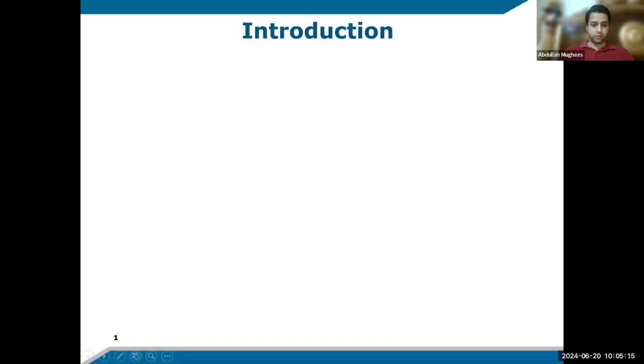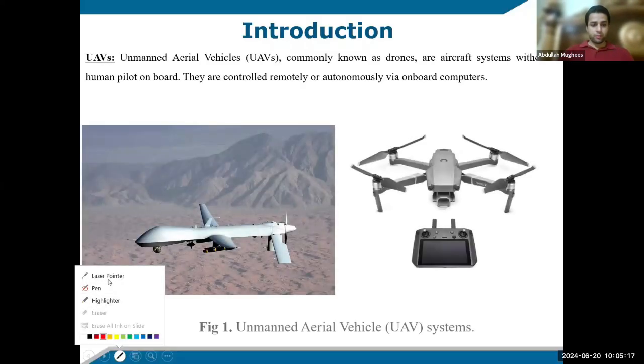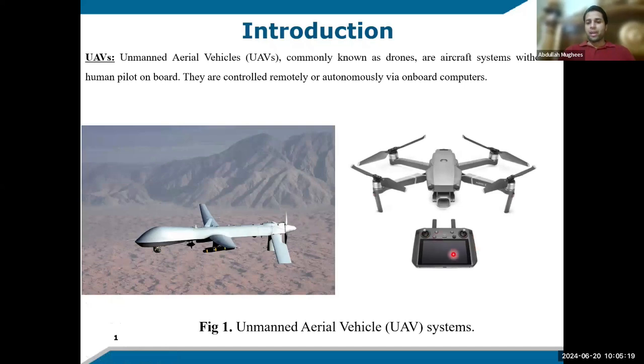Just a second. Okay, so we have controllers like these to give the commands to these drones, and we are actually driving the drones, but we are not on board. So there is no onboard pilot. So this is the basic meaning of unmanned aerial vehicles, the UAV systems.